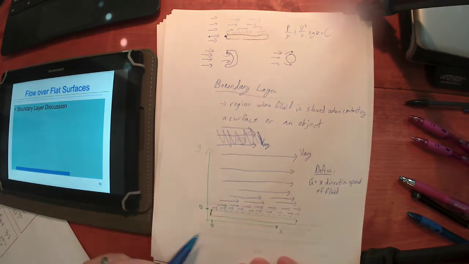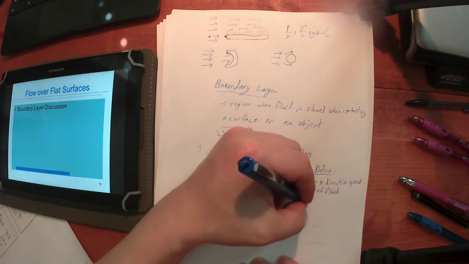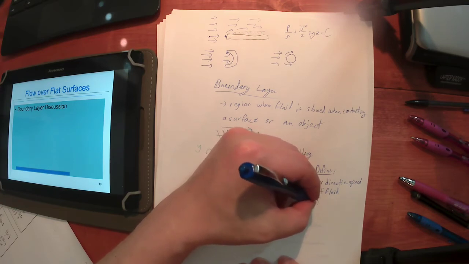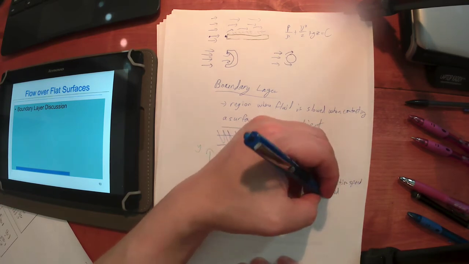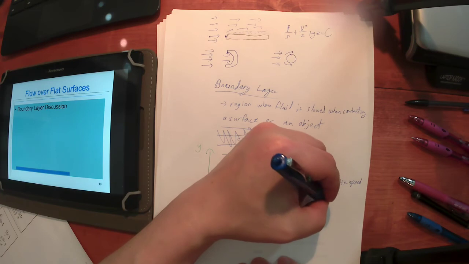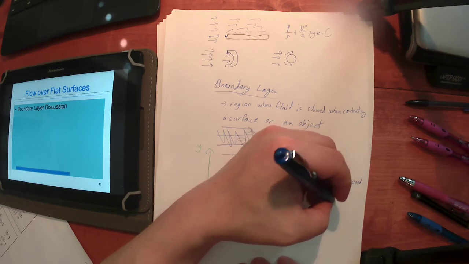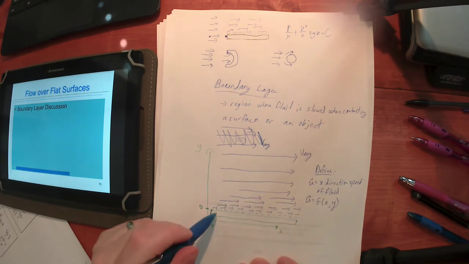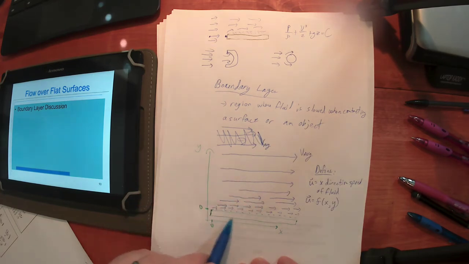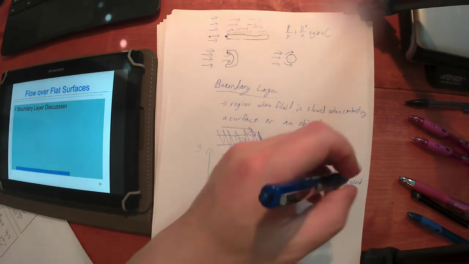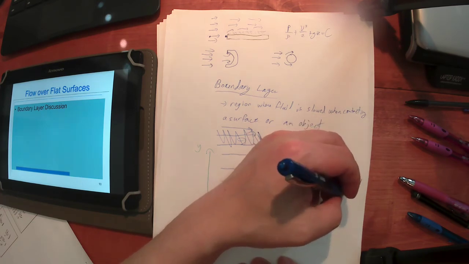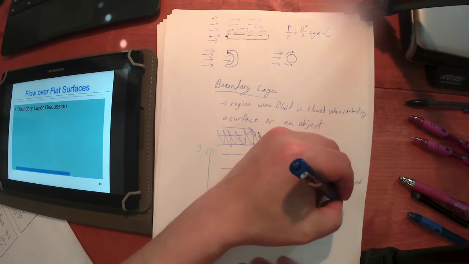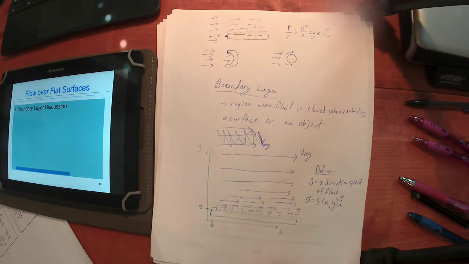As you can see from my terrible graphic here, that u value is going to be a function of the x location and especially the y location. The further we get away from this plate, the higher this goes. It is also going to have some x variation. I haven't really drawn that in here, but that's going to be in the x direction. So I'm going to put an i vector on that.